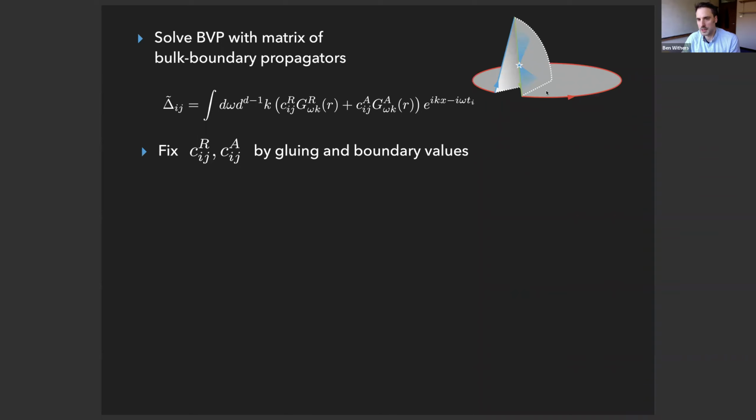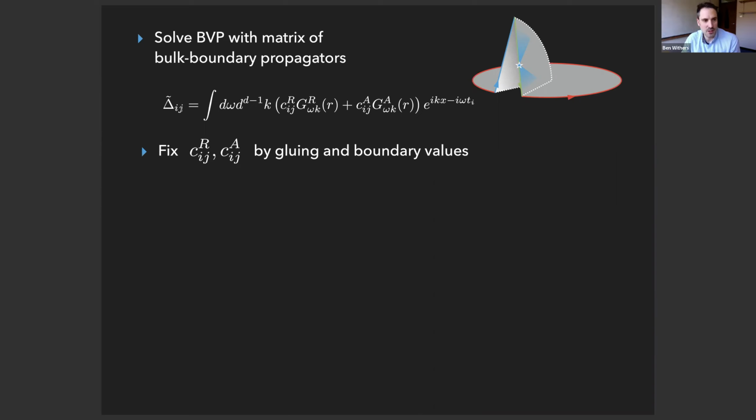There'll be support in the Euclidean and support in the Lorentzian on both segments, since this field will influence, through the gluing conditions, the fields on all of the other segments. So we can build this matrix of bulk to boundary propagators. This delta function on 2 will have a response on 2, a response on 1, and a response in Euclidean. So we can label this by one of the rows of this matrix.